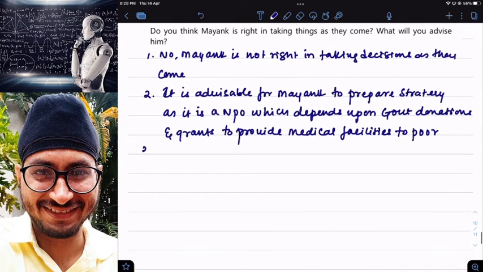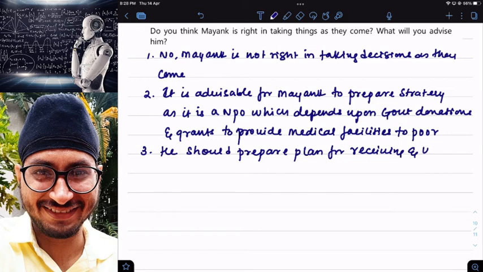So what he should do, sir? He should prepare a plan. In simple words, he should prepare a plan for receiving and utilizing funds. Obviously, sir, you think if Mayank does not prepare a proper plan for how to receive funds and how to utilize the funds, government will keep supporting this fellow's organization by paying money?